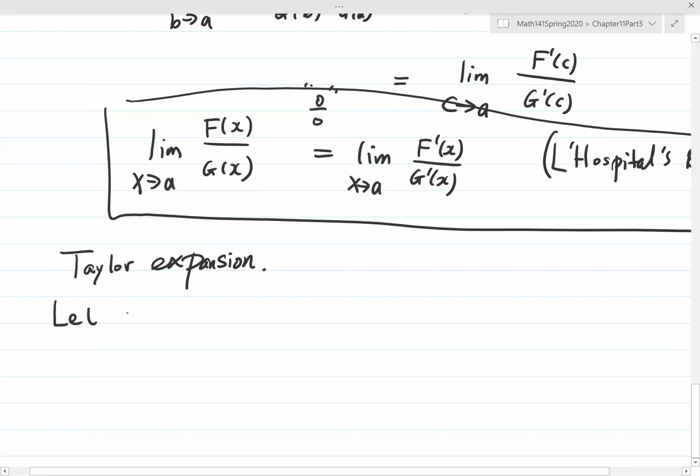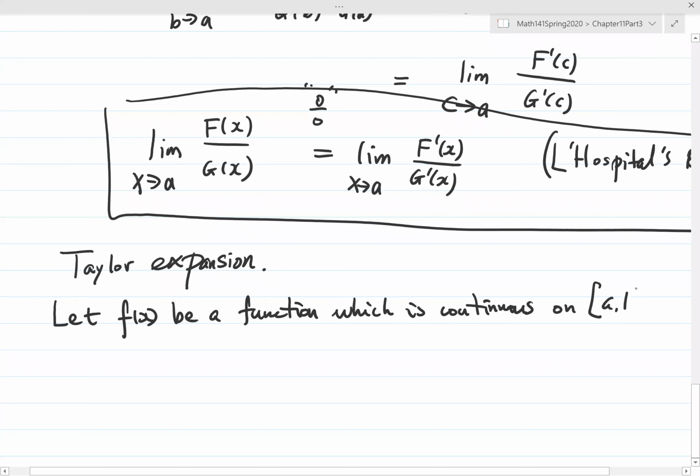Let F(x) be a function that is continuous on the closed interval [a, b] and n plus 1 times differentiable.